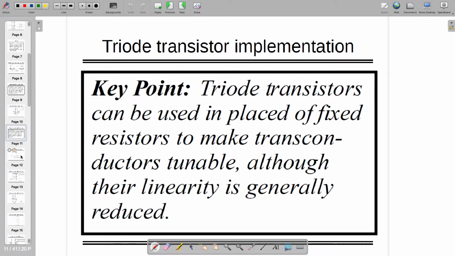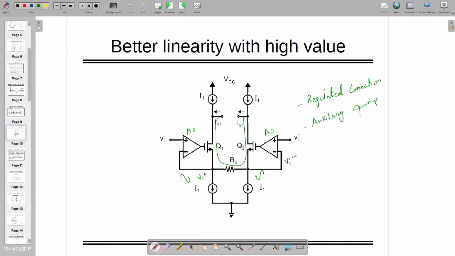Other than that, this resistance can be made using a transistor, which is a triode.